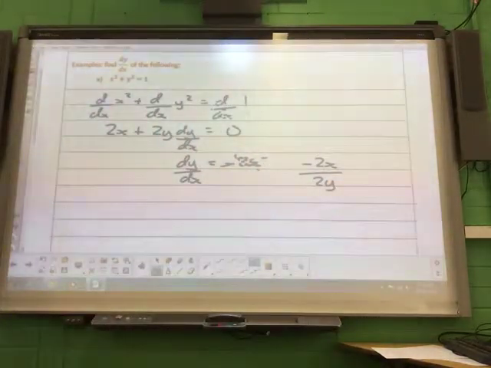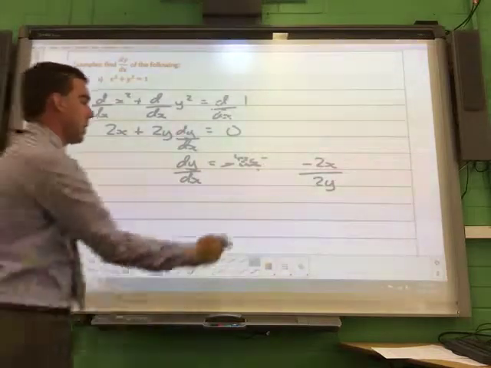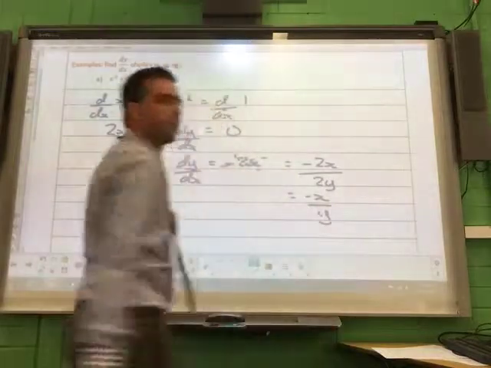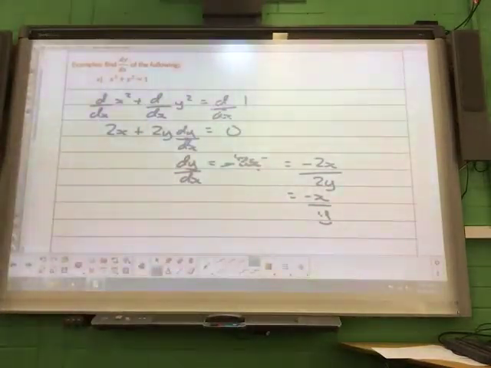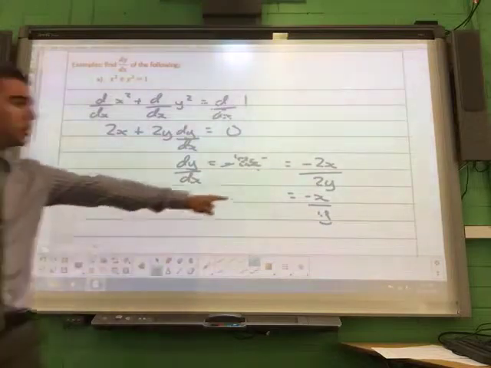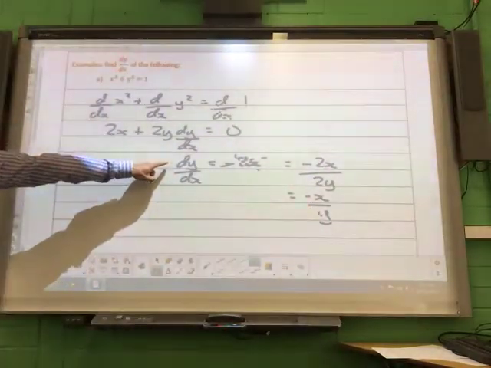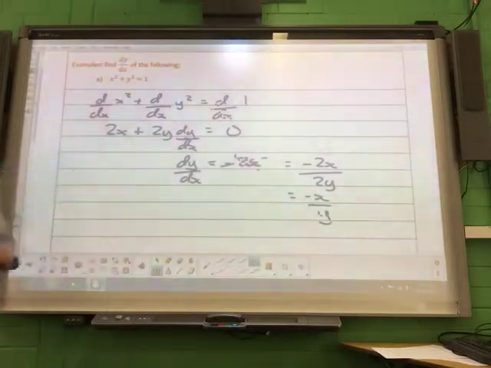So I've just done a two-step equation in one step. So it equals negative x on y. Now, what this allows us to do is, if you pick a point on your circle and substitute that point into here, that will give you the gradient of the tangent at that point with dy dx.